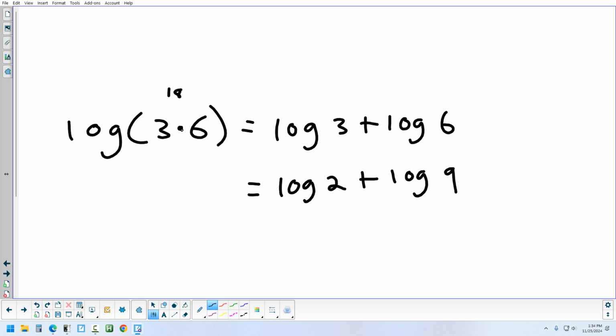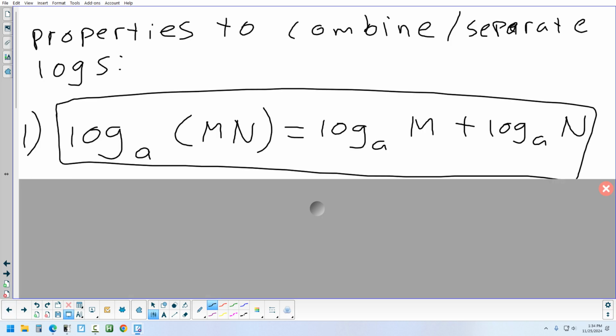What did it turn into? It turned into addition. So whenever you have a problem that has multiplication, you can turn it into a problem with addition.